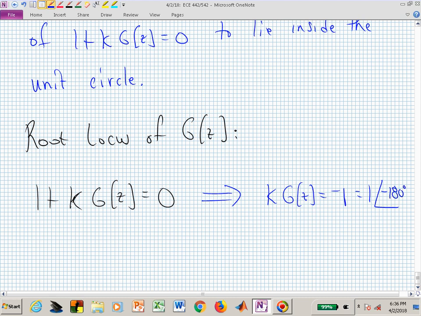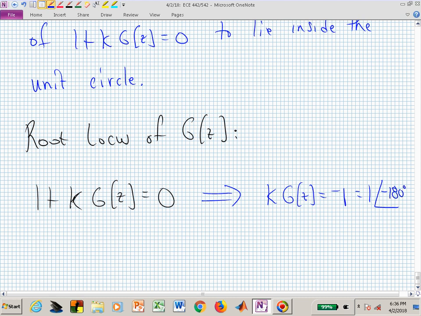Well, it has to have a magnitude of 1, and it has to have an angle of minus 180, or it doesn't satisfy this black equation. So we're looking at all of the k's such that the magnitude of kg is 1. So we have this wide two-dimensional z-plane.